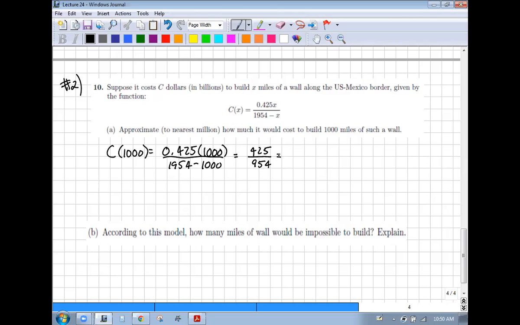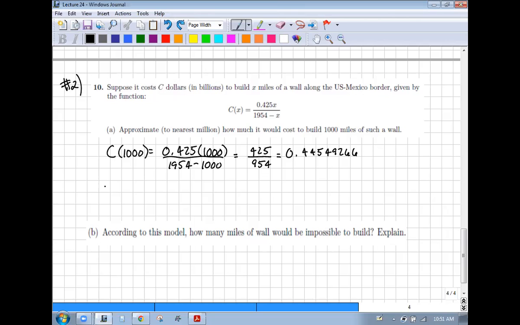So if we plug this in our calculator, 425 divided by 954, we get 0.4454926, etc.